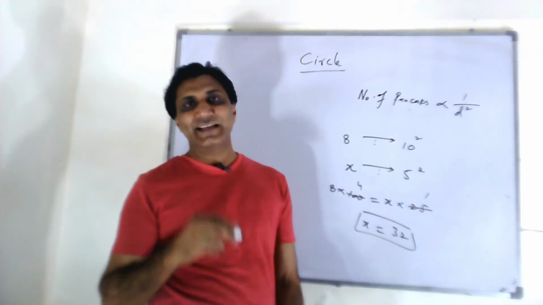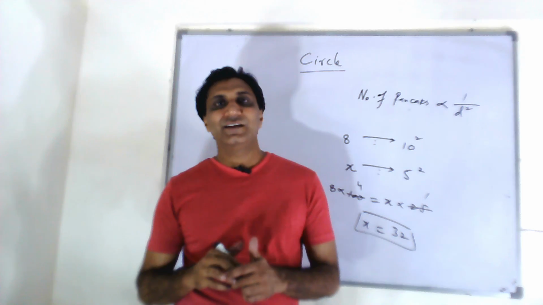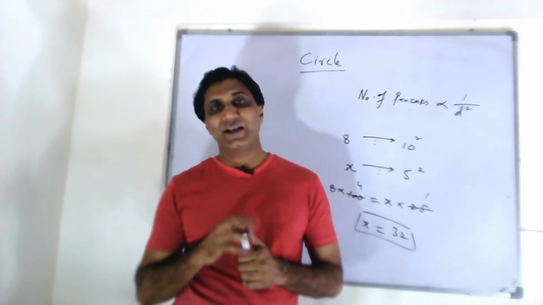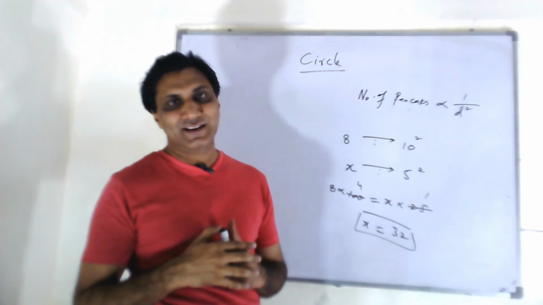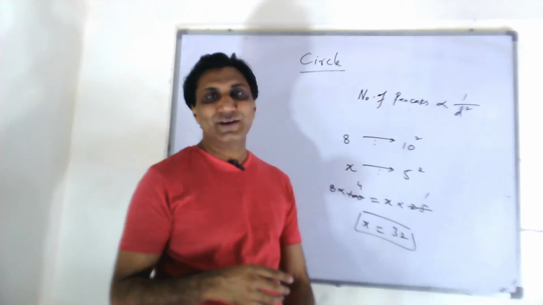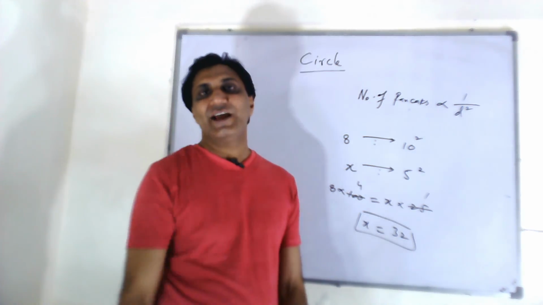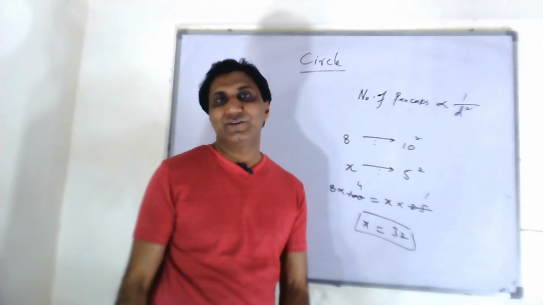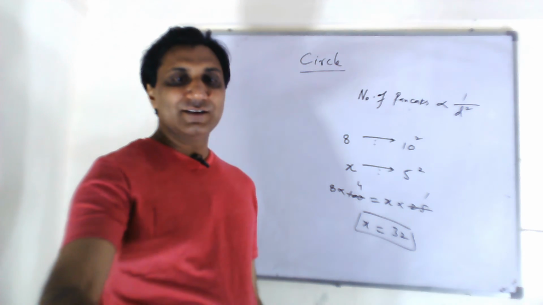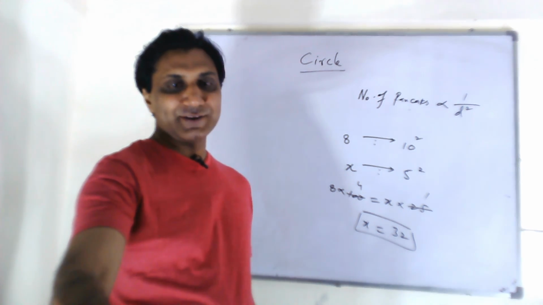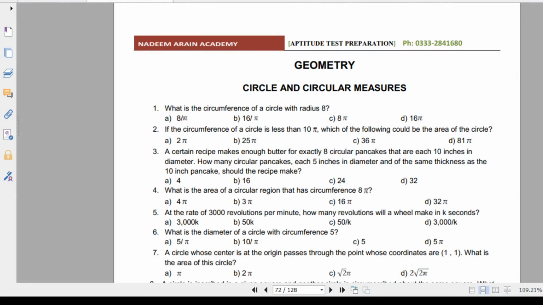If you were thinking that there will be 16 cakes, that means you are doubling it. You cannot double it. You have to multiply by 4, quadrupled. So there will be 32 pancakes, each having 5 inch diameter. So the answer to this third question is 32. D.